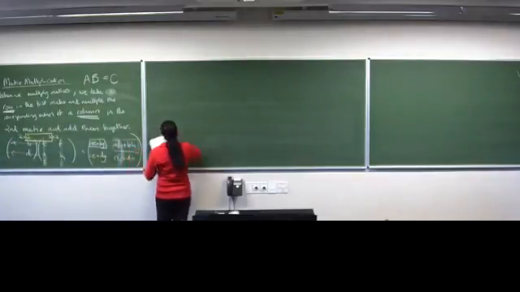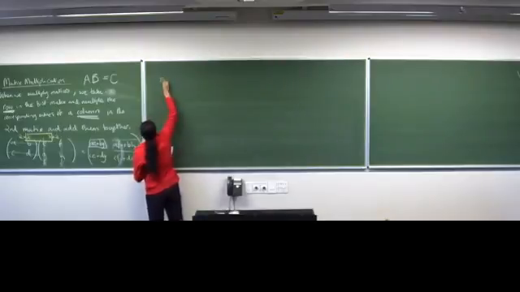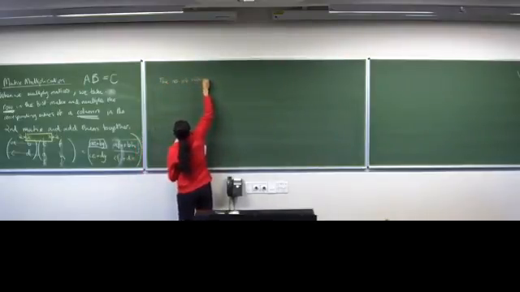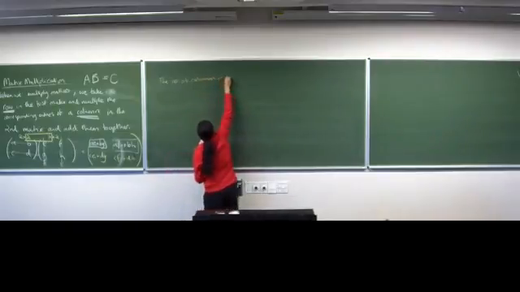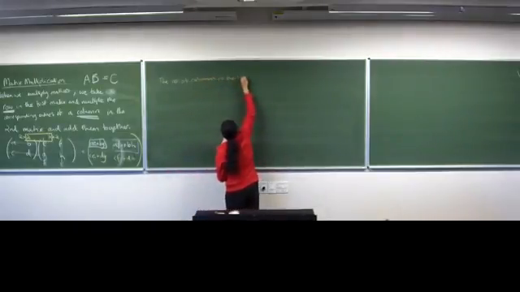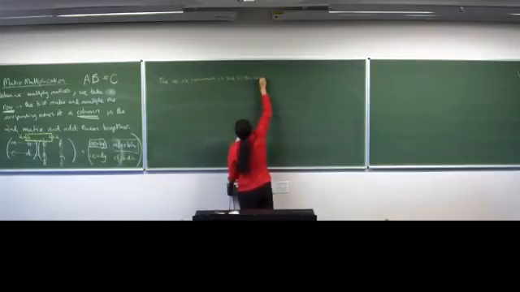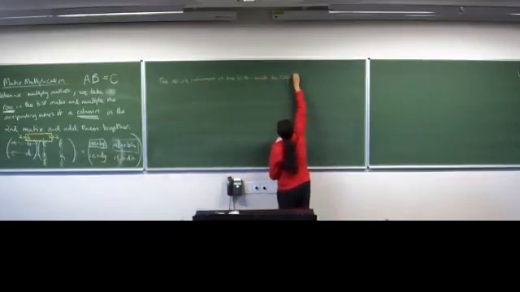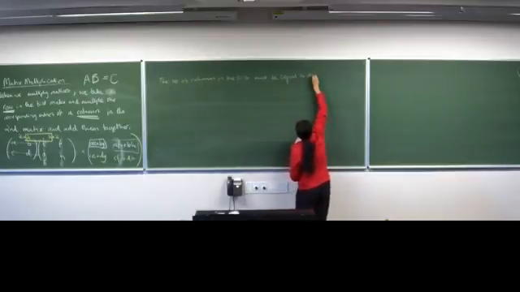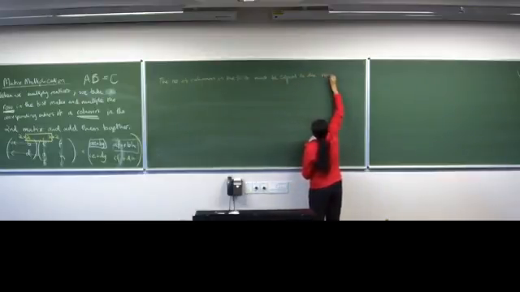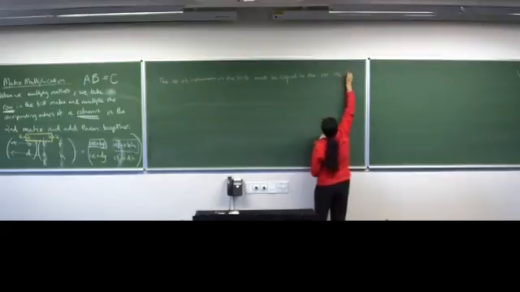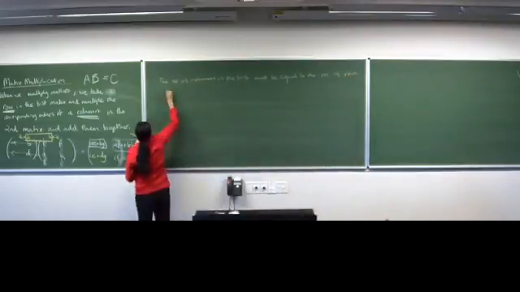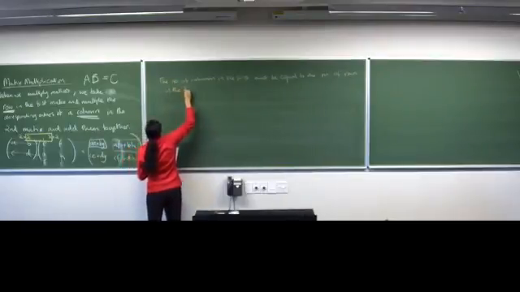I'll write it out. The number of columns in the first matrix must be equal to the number of rows in the second matrix.